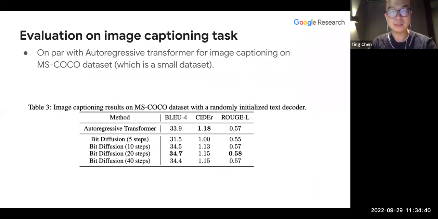But if we want to try a more realistic task, like image captioning, we compare this with an autoregressive transformer for image captioning on the MS-COCO dataset, which, I should mention, is not a very big dataset. By today's standards, it's actually quite small, but just as a proof of concept, we are able to achieve similar performance to the autoregressive transformer on this dataset with relatively few inference steps.